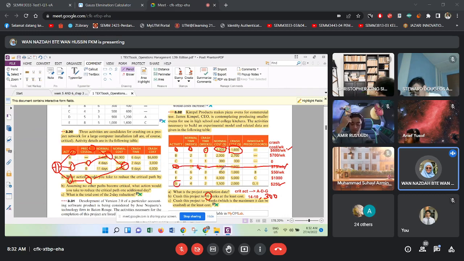The next one is activity G. For G, you may crash 2 weeks because that is the maximum crash time for G, and the additional cost is 500. So can you replace activity G instead of 4, you put 2, and then determine the completion time?